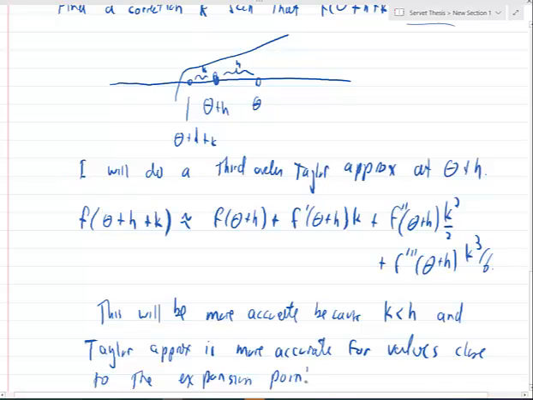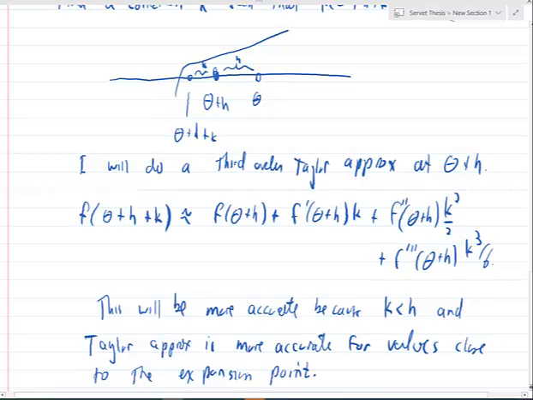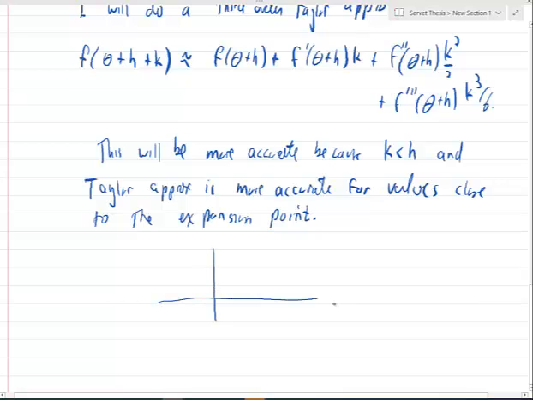If I have a point here and I do some Taylor, and here's my actual function, my Taylor approximation will be very close here. It will be exactly correct here, but it becomes more and more inaccurate the farther away I go. It's quite accurate close to the point, but less and less accurate as you go far away. So you see that the Taylor approximation is more accurate for smaller values. And since I'm still doing a third order Taylor, but since I have smaller values, it's going to be more accurate.